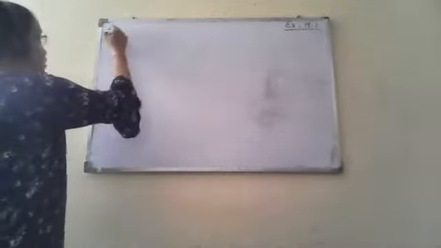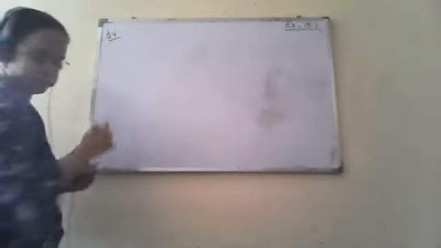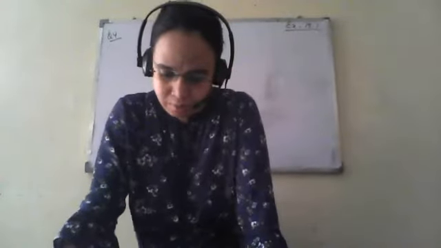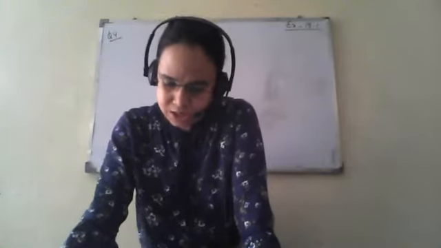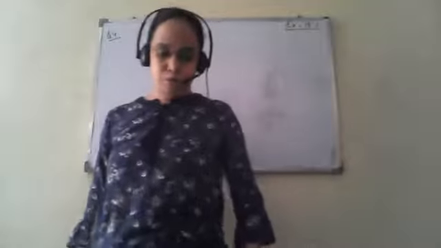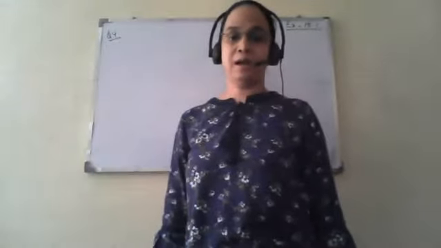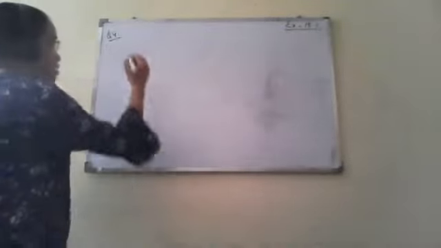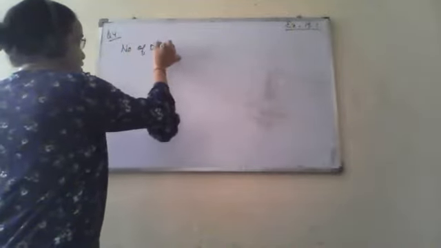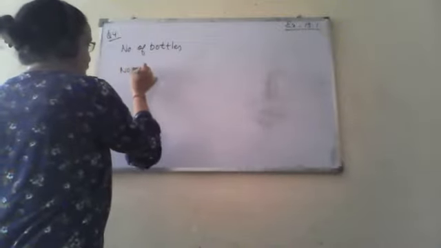Question number fourth. What does it say? It says that a machine in a soft drink factory fills 840 bottles in 6 hours. How many bottles will it fill in 5 hours? So there are two things, number of bottles and number of hours. So we have number of bottles and number of hours. Okay.